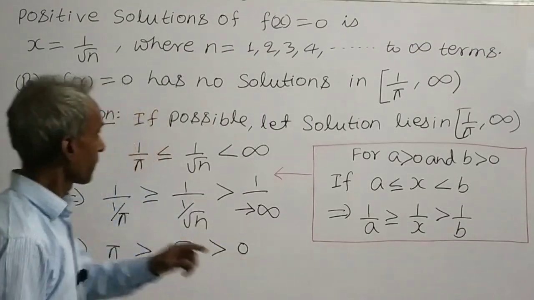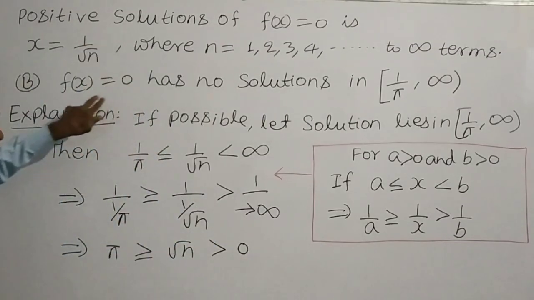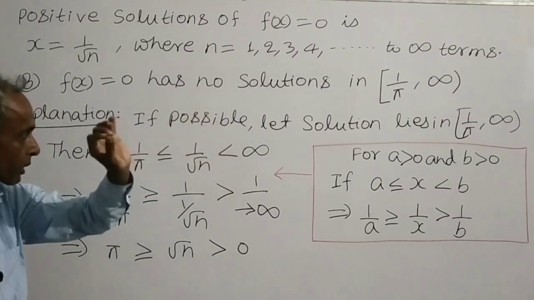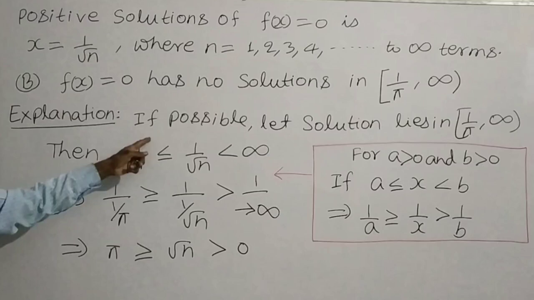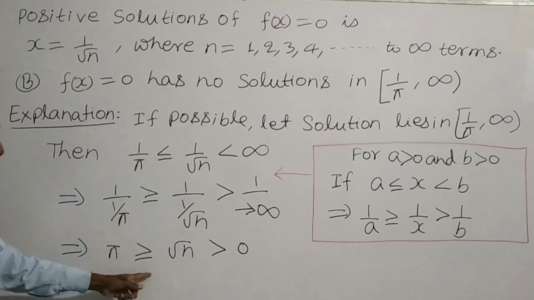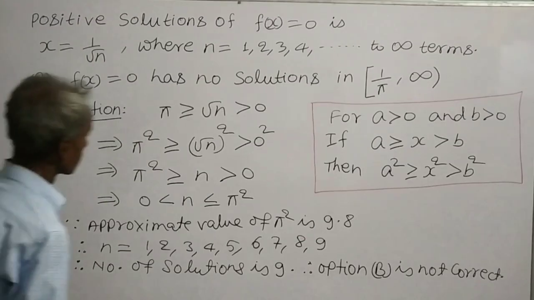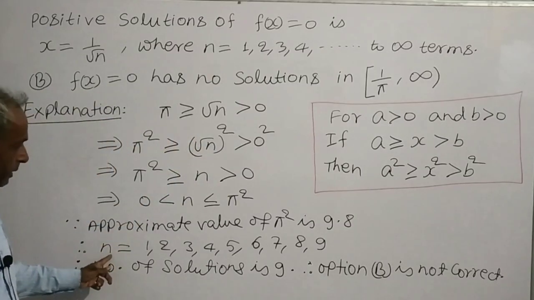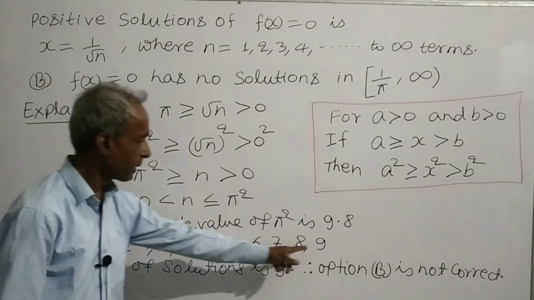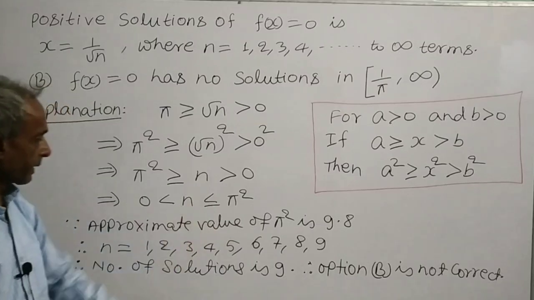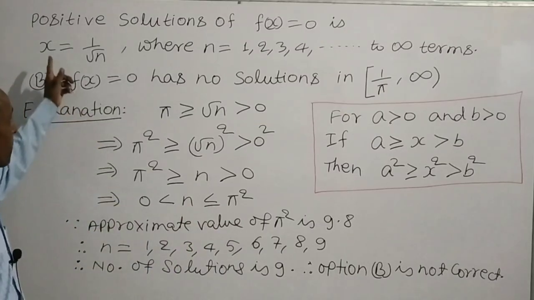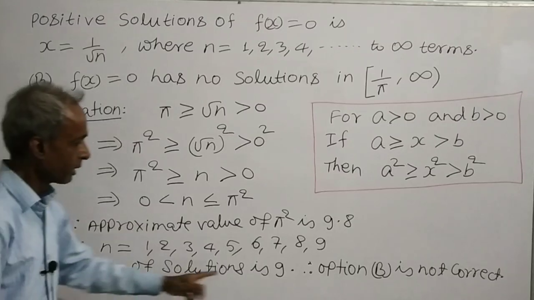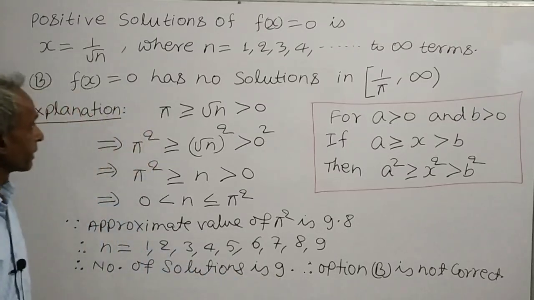In a similar way, now we will verify whether this option is correct or not. Here we verify. We get these 9 values of n. That means the number of solutions, meaning values of x, will be equal to 9.